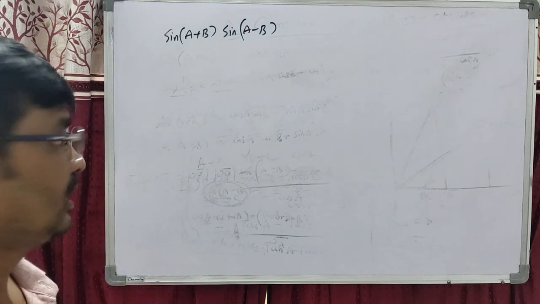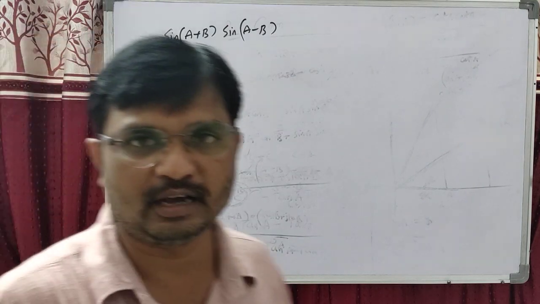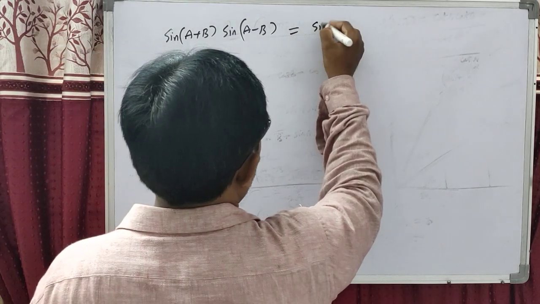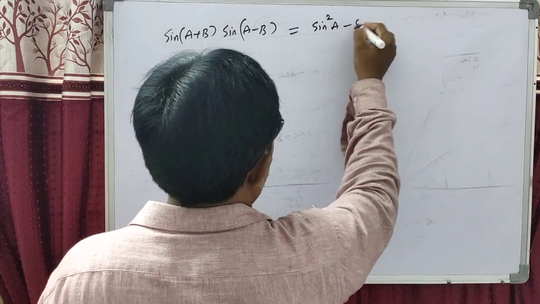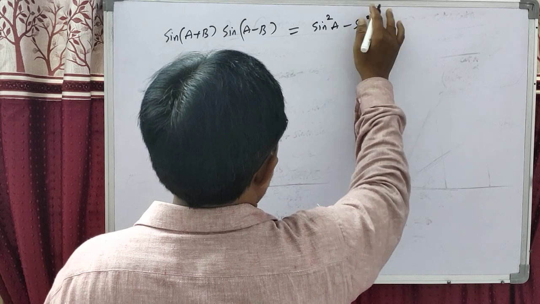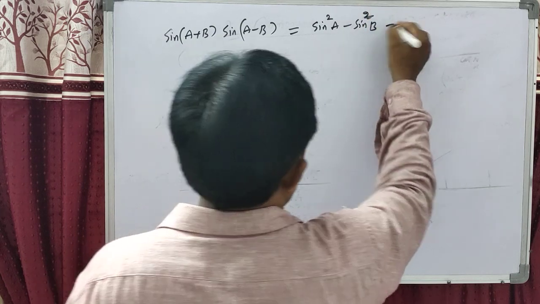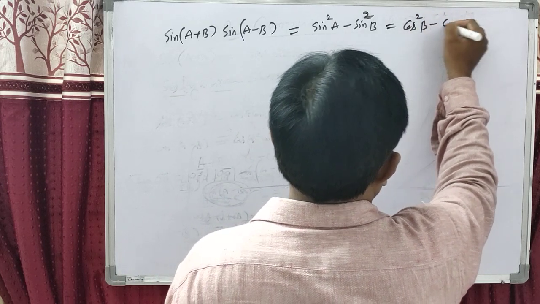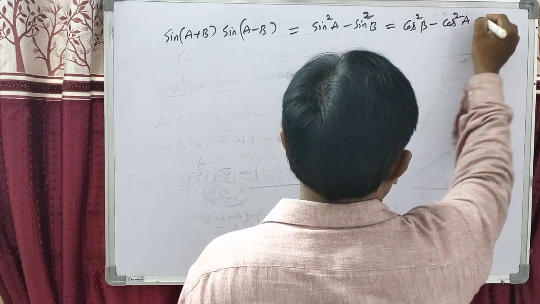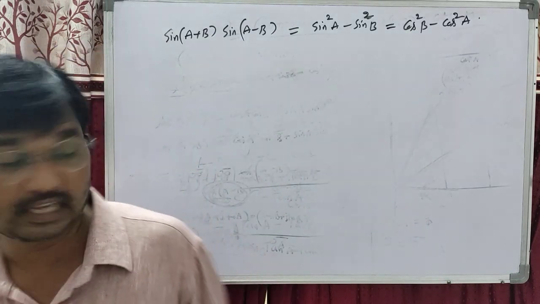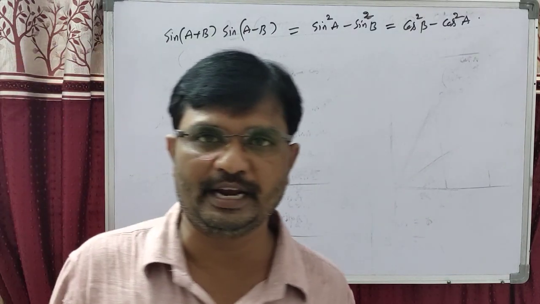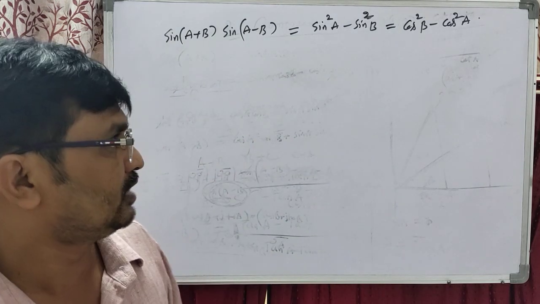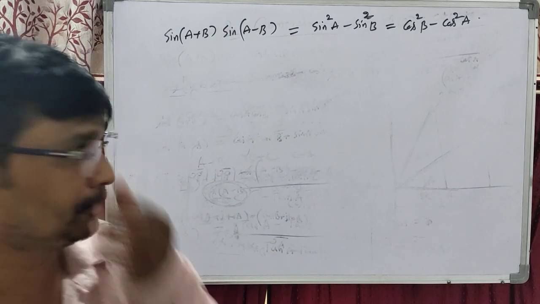Dear students, sine of (A plus B) into sine of (A minus B) is sine square A minus sine square B. After that, it is also cos square B minus cos square A. Okay, students, sine of (A plus B) into sine of (A minus B) equals sine square A minus sine square B, or cos square B minus cos square A.